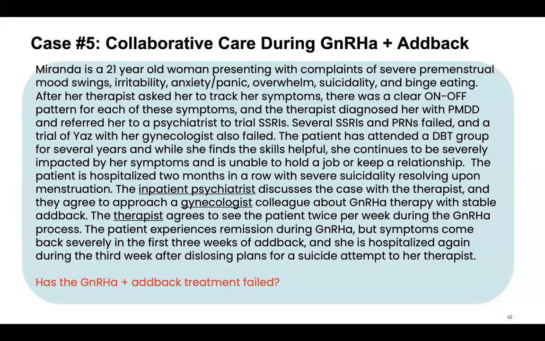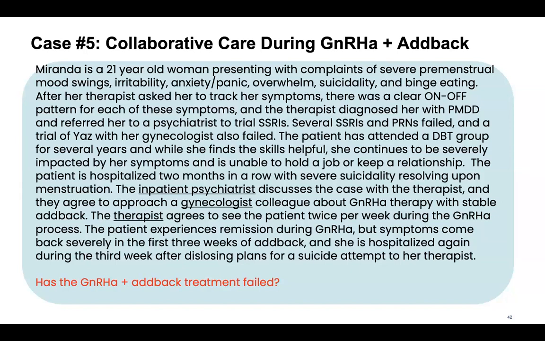In this case example, Miranda is a 21-year-old woman presenting with complaints of severe premenstrual mood swings, irritability, anxiety and panic, overwhelm, suicidality, and binge eating. After her therapist asked her to track her symptoms, there was a clear on-off pattern for each of these symptoms, and the therapist diagnosed her with PMDD and referred her to a psychiatrist to trial SSRIs.